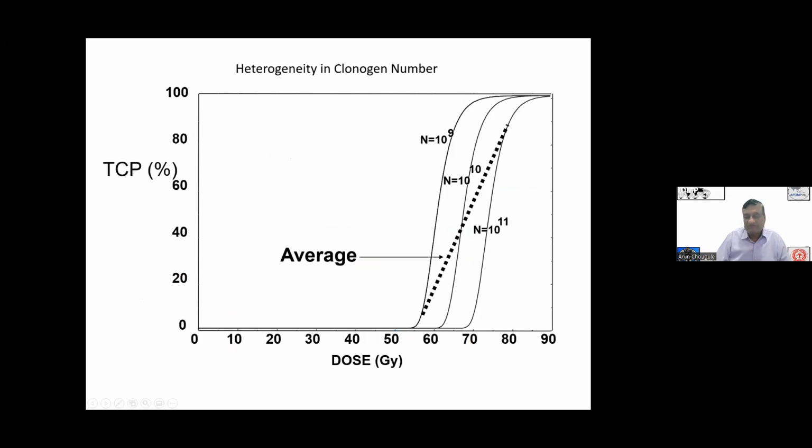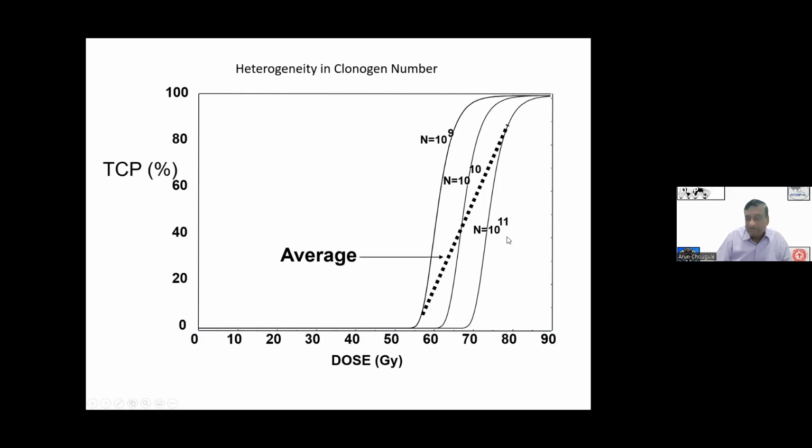Here you can see that if the clonogenic cell number is 10^9, with a 60 gray dose, about 60 to 70% tumor control probability will be achieved. But if the clonogenic cell number is 10^10, with 60 gray I cannot even attain 10%.